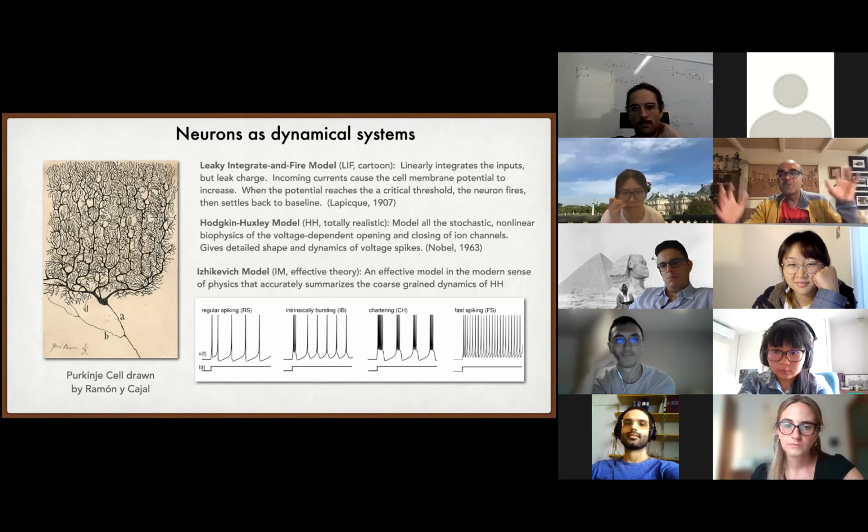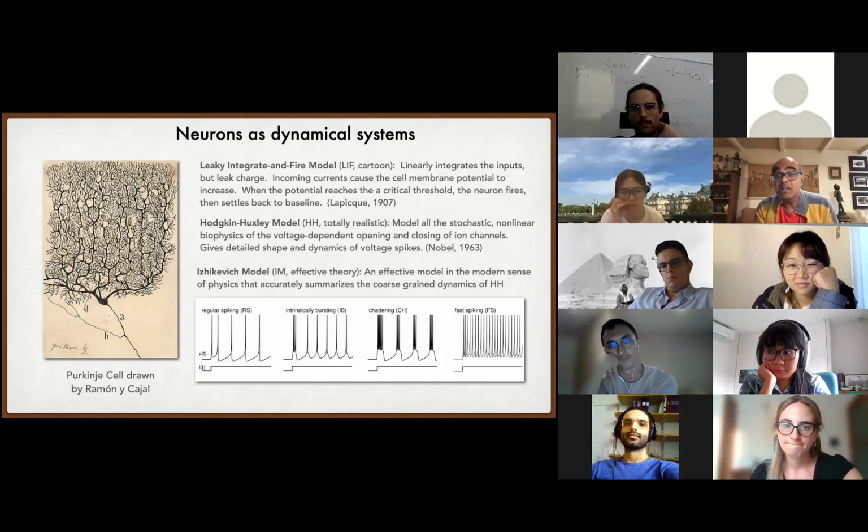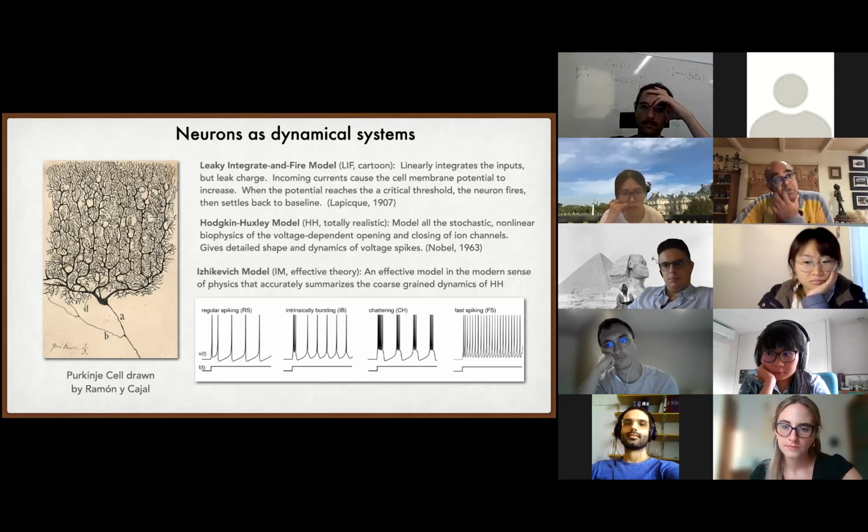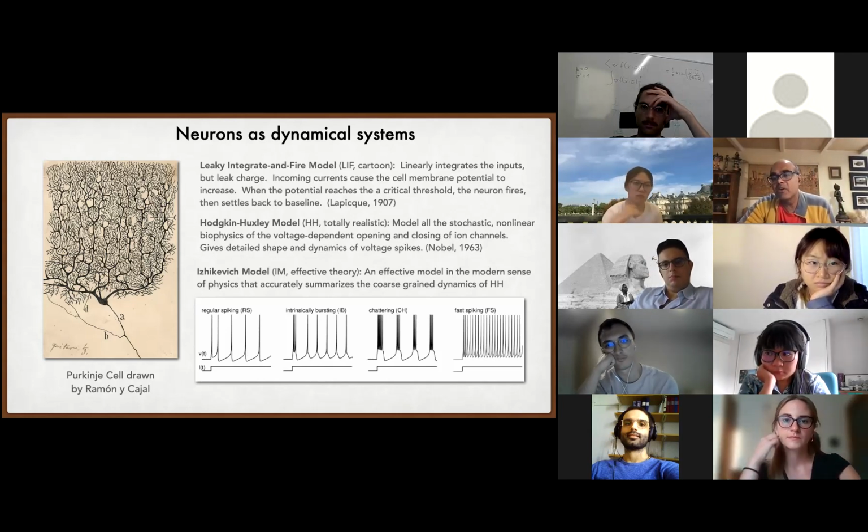You can get all the different kinds of dynamics that we actually see in the brain. This is what we in practice use in my lab when building neural network models of this dynamical systems kind. But today I'm going to stick with generalizations of the leaky integrate and fire model because they are by far the easiest to handle, especially to make analytic progress with.